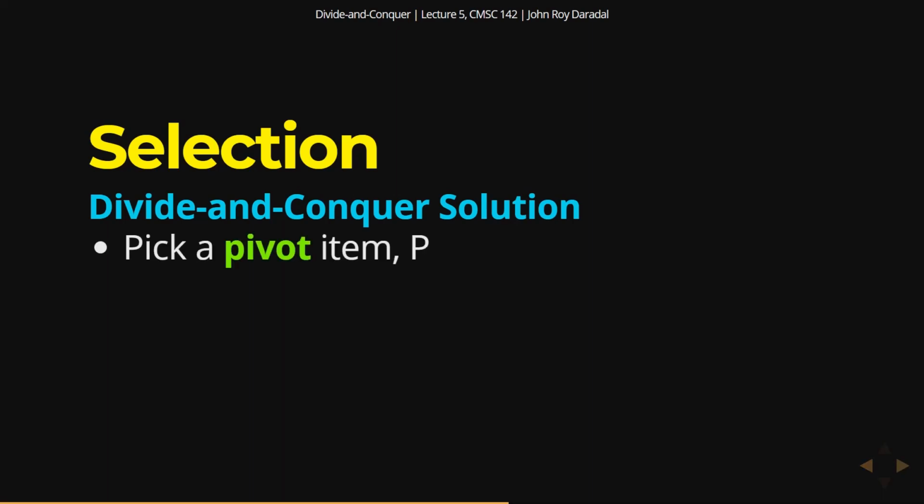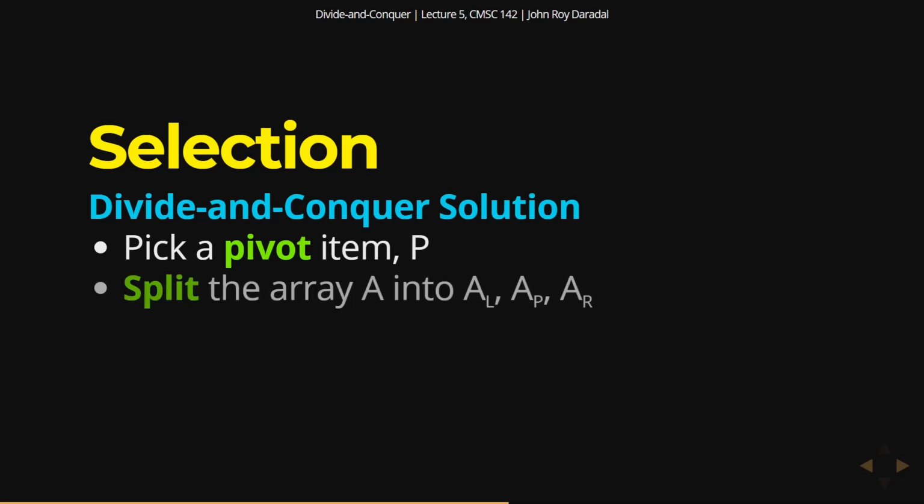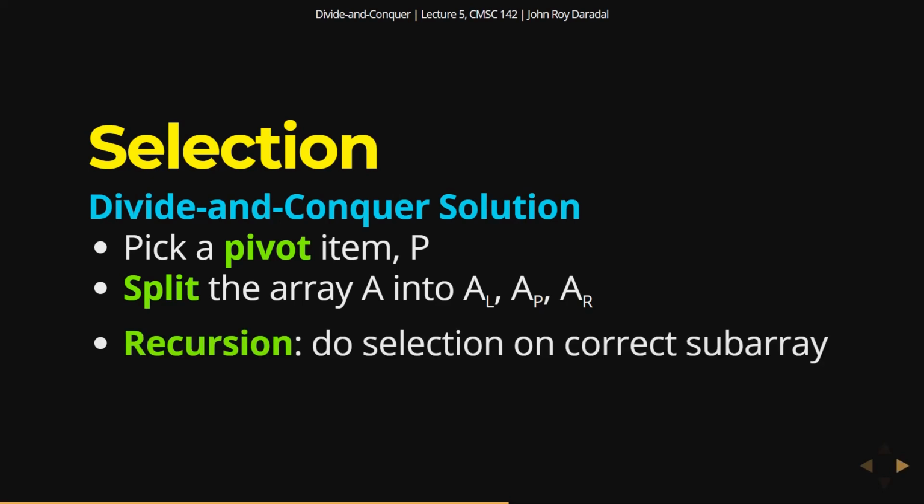So for the selection problem, the solution using the divide and conquer strategy is to pick a pivot item, which we'll call P, and then split the input array into three: A sub L, A sub P, and A sub R. I'll discuss what these three mean in a while, but basically, during the recursion, we will do the selection in the correct subarray.